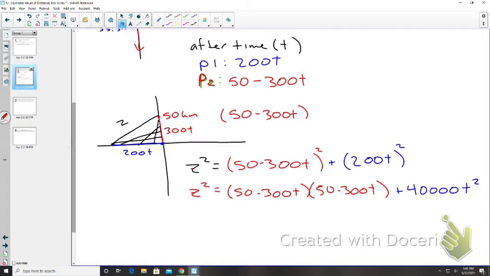Okay, let's finish expanding our red brackets. So 50 times 50 is 2,500, minus 15,000t twice, so minus 30,000t. And lastly, we're going to get plus 90,000 t squared.